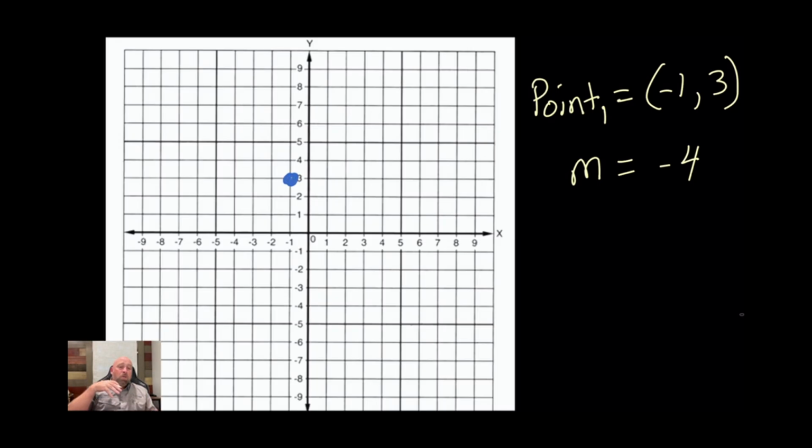Okay. Now what they say is they want you to draw a line. Well, what other information do I have? I have this -4 over here. Remember that what is slope? So another way to write slope is m equals the change in y over the change in x.